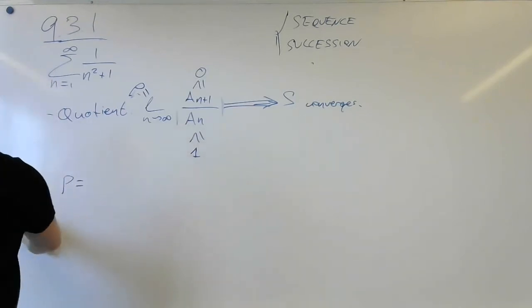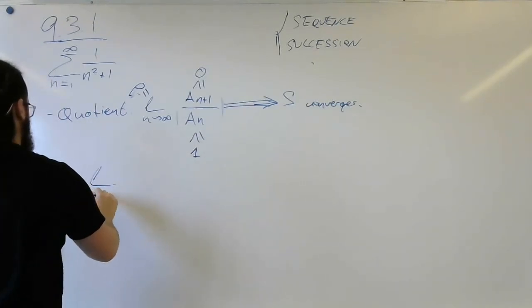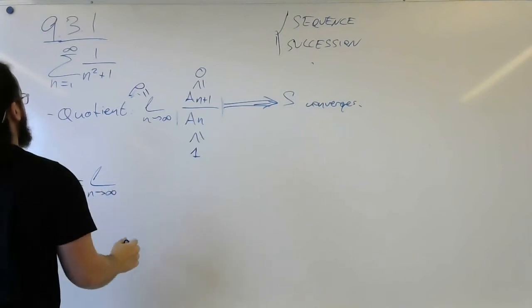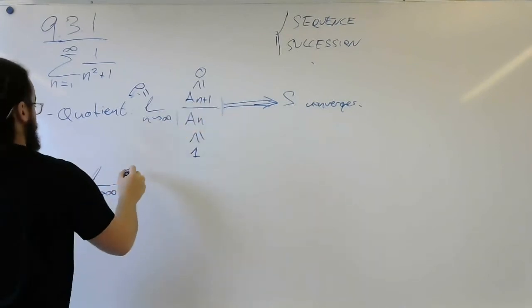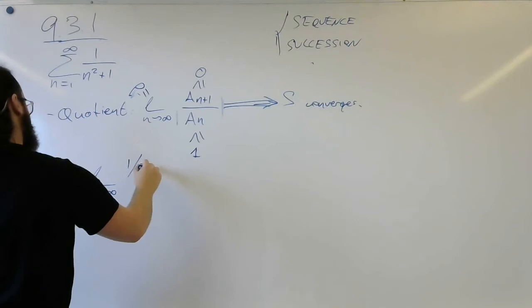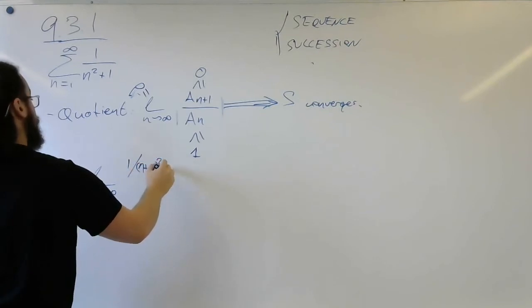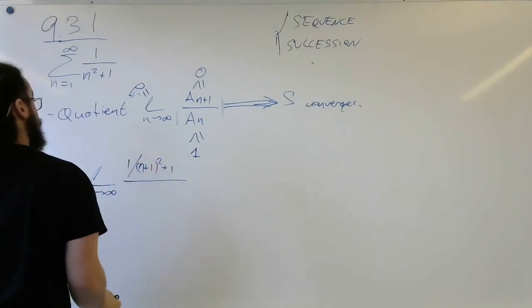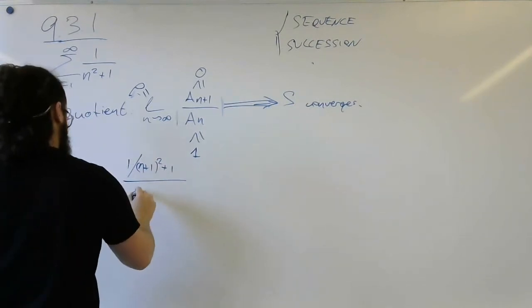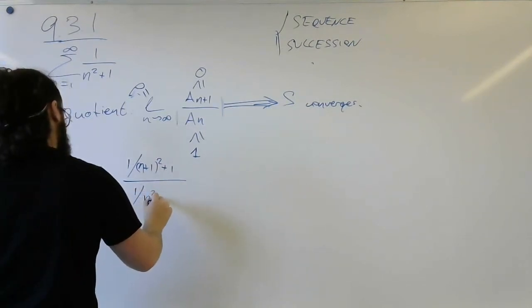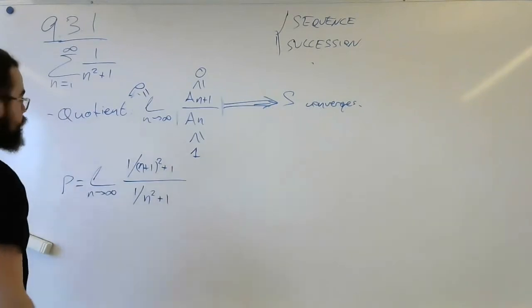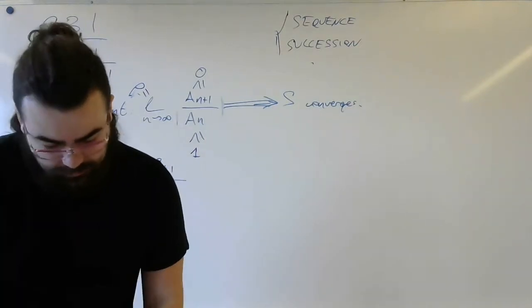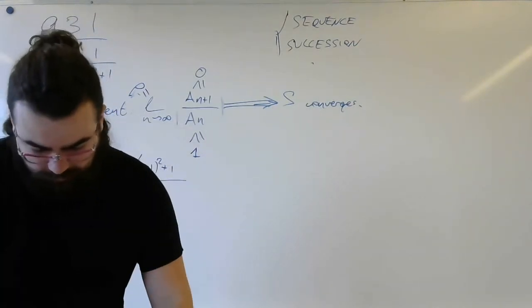And so rho, in our case, is the limit when n tends to infinity of a(n+1) over a(n). It had to be smaller than 1, right?